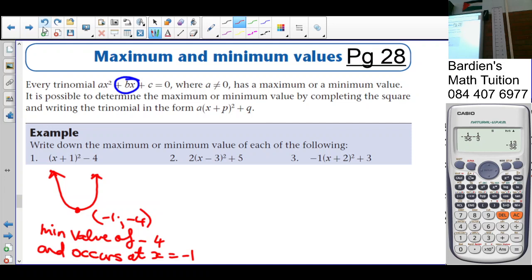Okay, next one. Number 2. What do you think this one would be? Smiling or frowning graph? Smiling. What will the coordinates of the turning point be? Positive 3 and 5, not so? Now you write for me the story, what do you think it would be?